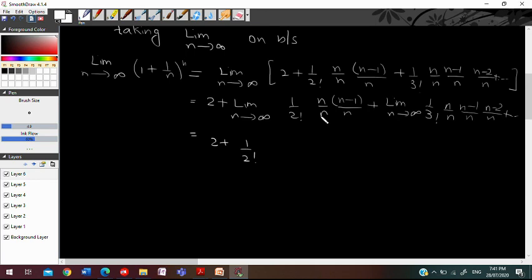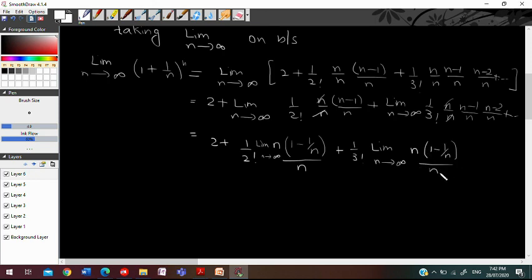Before applying the limit, we have to adjust: this n is cancelled with this n, and we have 1 by 2 factorial, then if I take n as common, 1 minus 1 by n divided by n, and here we have limit n approaches to infinity, plus 1 by 3 factorial, limit n approaches to infinity, n and n are cancelled out, and then we take n common, 1 minus 1 by n divided by n.